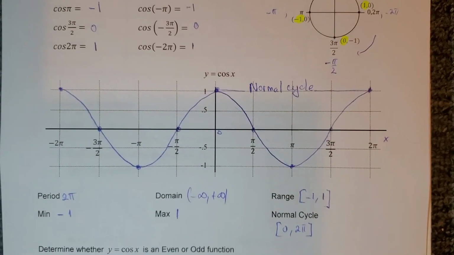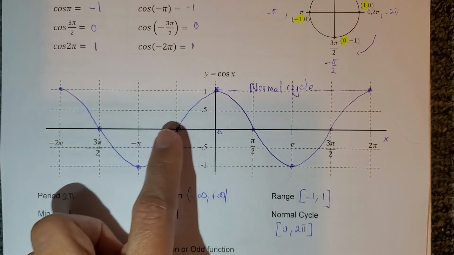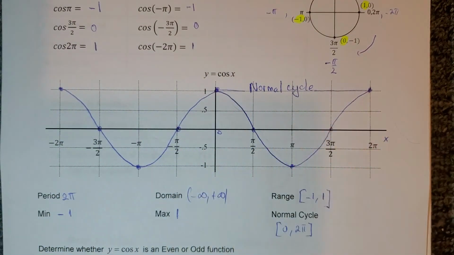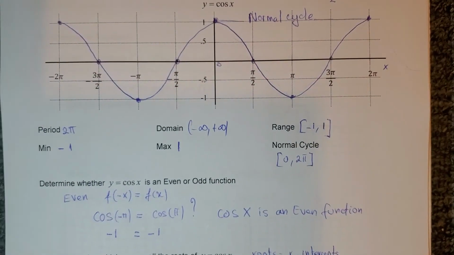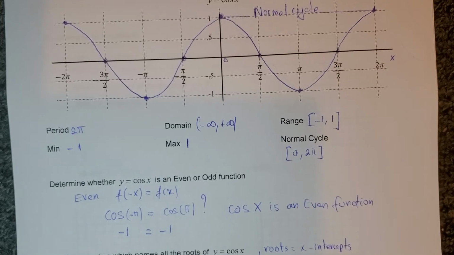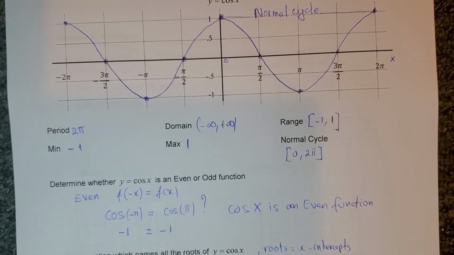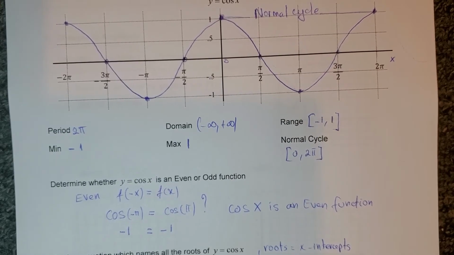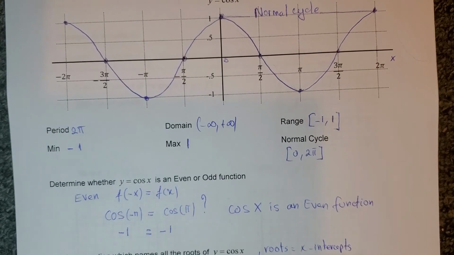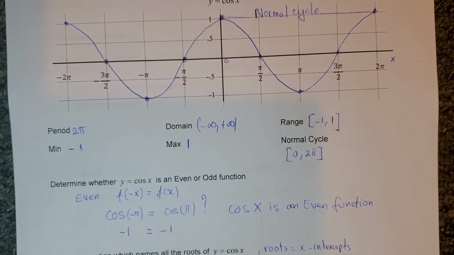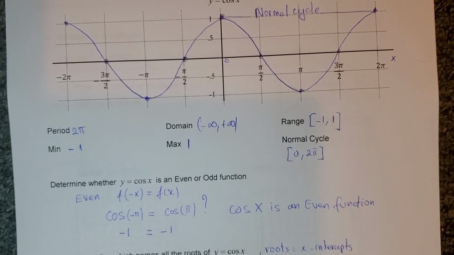In other words, we want to find all the x-intercepts here, here, and here, and so on. You want to find all of them. So we let y equal 0. If y equals 0, then cosine of x equals 0. So x equals what? What angle makes your cosine function equal to 0?